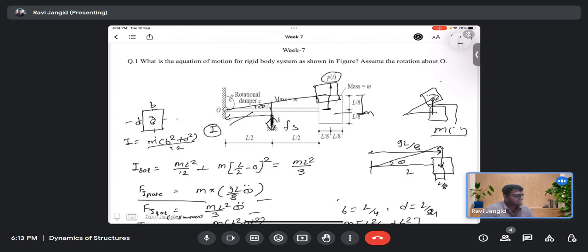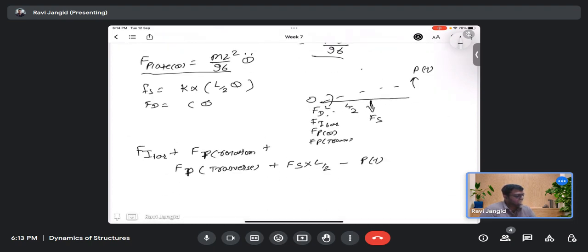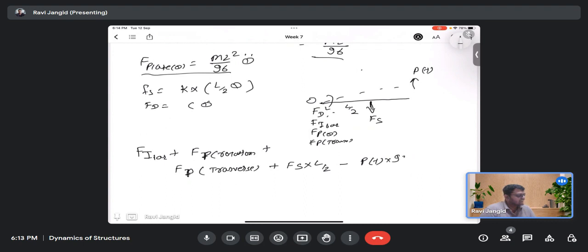So that is how much that distance we have calculated, that is 9L by 8. That is pt into 9L by 8 is equal to 0.